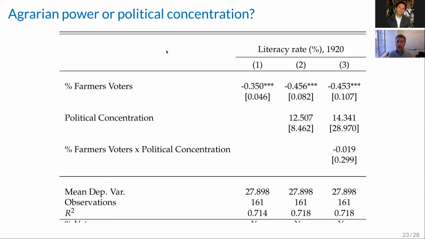So all our analysis is done at the municipality level, right? The idea here is that you're going to be a farmer in a municipality, you own land in the municipality, you want to have a say here, and you want to influence politics. Of course, it might be that in 1905, there might be one very big, very rich landowner who might live in the capital and have all his farms in a location.